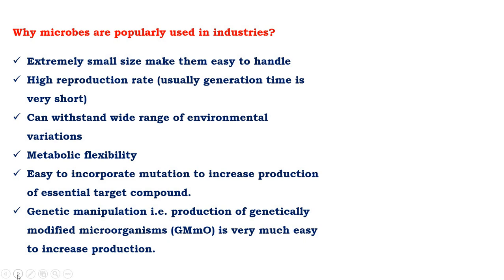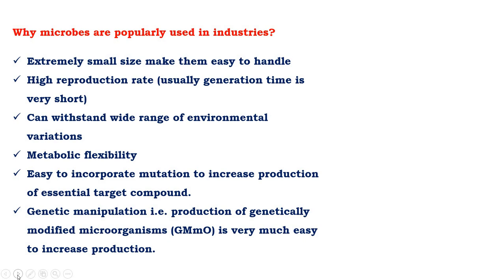So when the generation time is very short, the bacterial population will grow faster, and within a very short period of time we can get a very large amount of biomass. Biomass is very important for industrial application because we have to produce large quantities of substances within a shorter period of time.